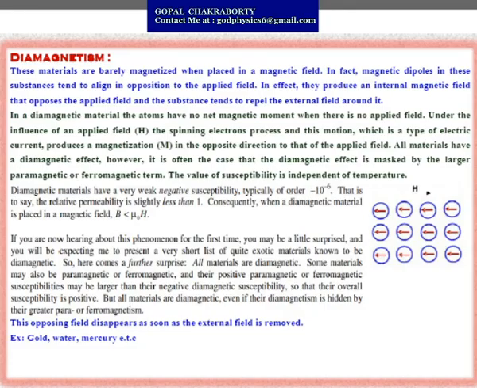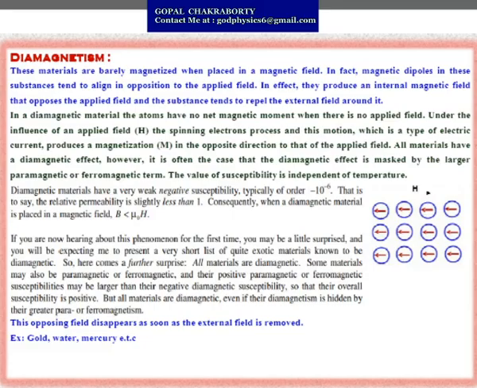Diamagnetic materials have a very small negative susceptibility, typically of the order of 10 to the power minus 6. That is, the relative permeability is slightly less than one.